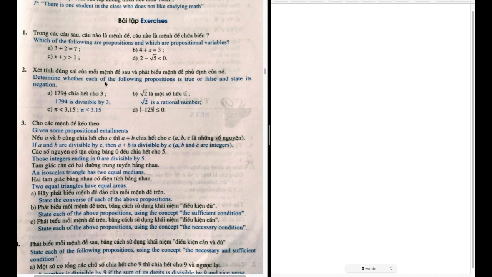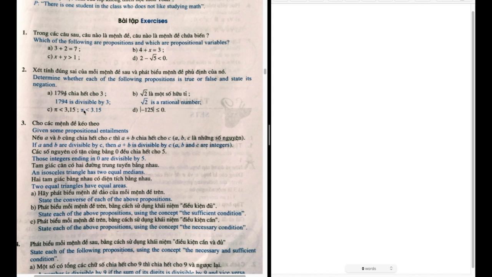Determine whether each of the following propositions is true or false and state its negation. A. 1794 is divisible by 3. B. Square root of 2 is a rational number.